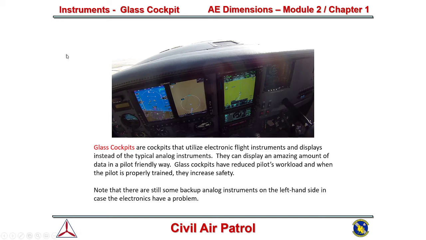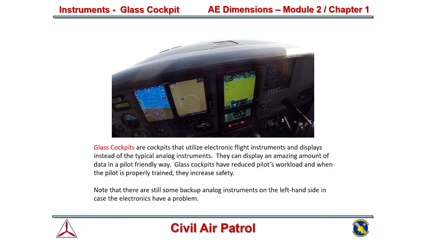Now, one thing I do want you to note is over on the left-hand side. If you look on the left-hand side, there are actually still two instruments. You still have your speed and you still have an artificial horizon. They do that because if you ever had a computer problem, either power or some type of glitch on the screen, you want to have some other way of flying.